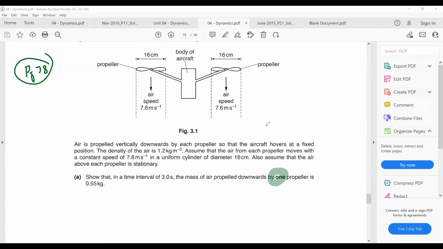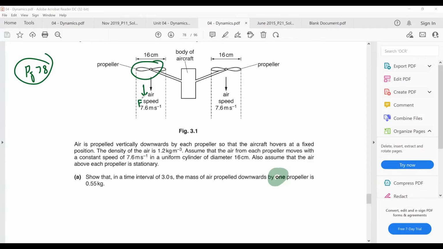So when you have some sort of aircraft here, this propeller here is forcing air down, okay? So the propeller is exerting some sort of force on the air. As the propeller rotates, it's pushing some volume of air down.